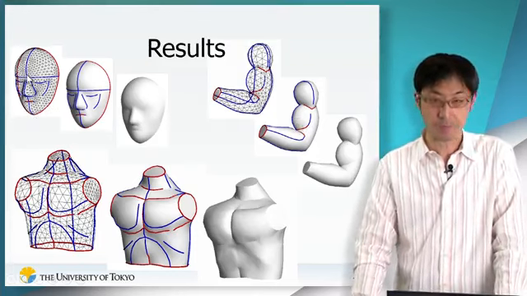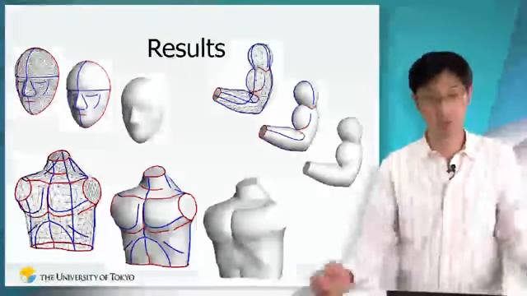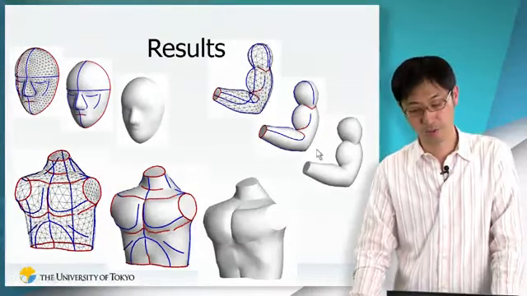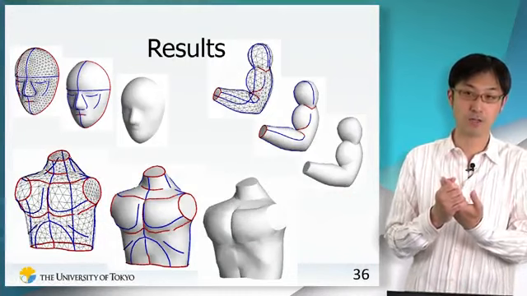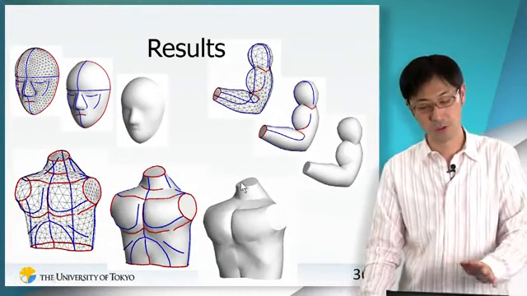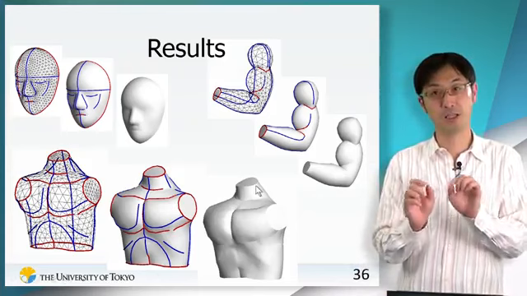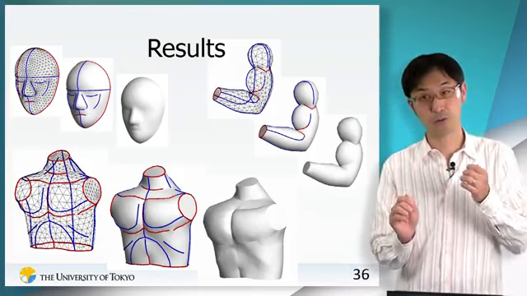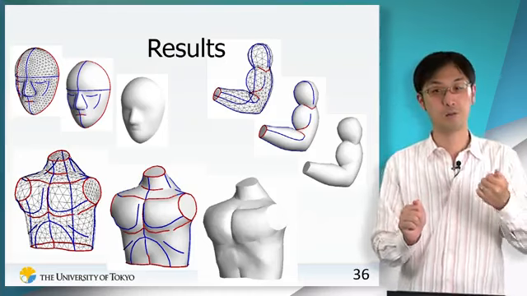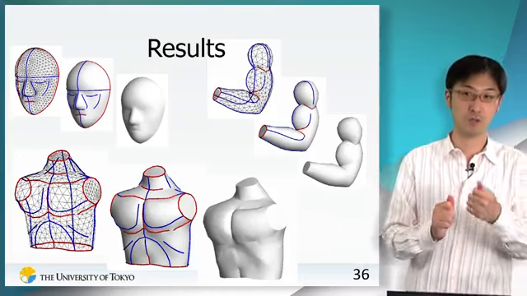You can make this kind of mask, or human body, or arms and so on. The point here is that traditional methods require a user to design these models by manipulating individual control vertices. But here, what the user controls is always the curves. And we hope that this is more intuitive and more efficient.